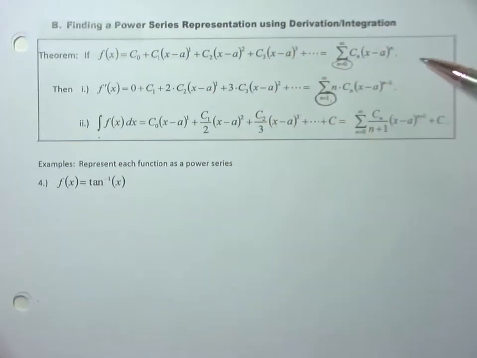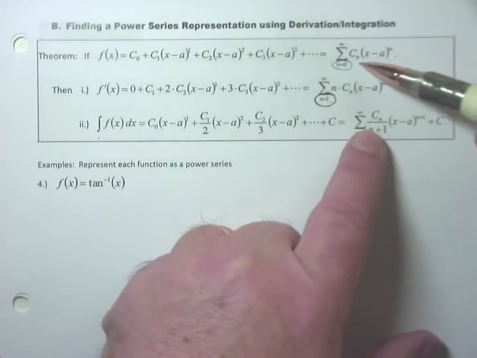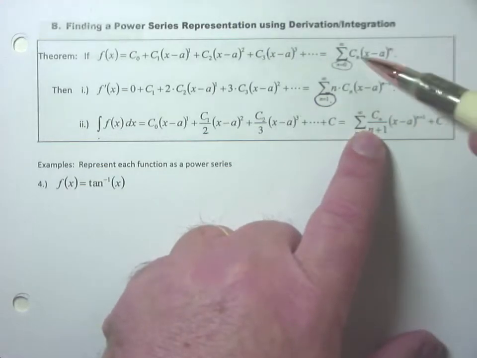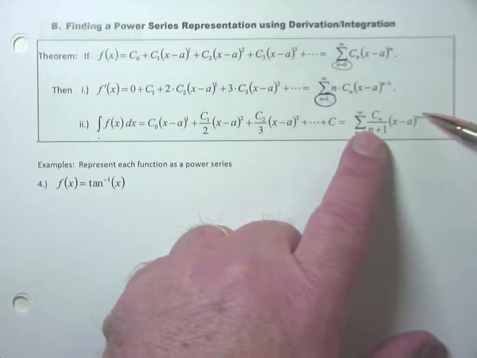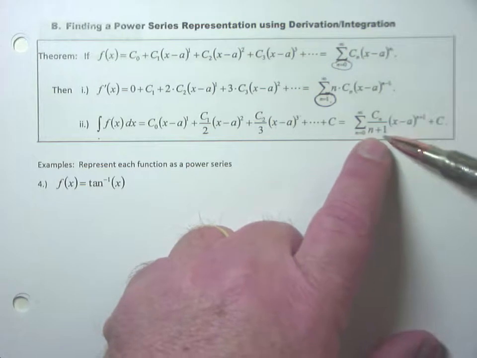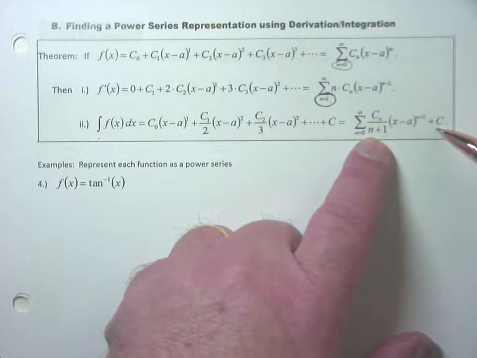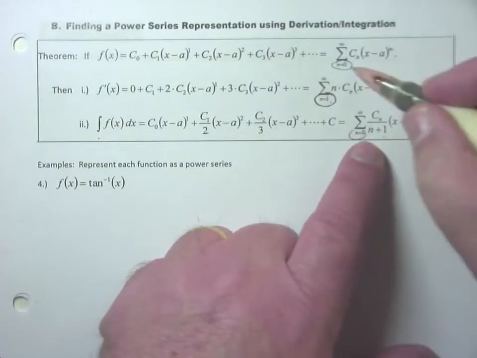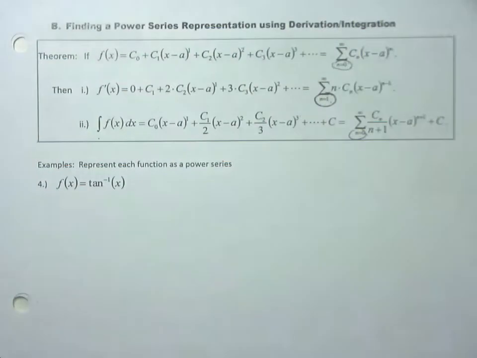And if you keep going, you're integrating this guy: the integral of Cn (x minus a) to the n. You add 1 and divide by that added 1. That'll be Cn (x minus a) to the n plus 1 over n plus 1. But don't forget, you've got a plus c, the arbitrary constant of integration, but you start with the same summation. So you can integrate and take the derivative of these guys.